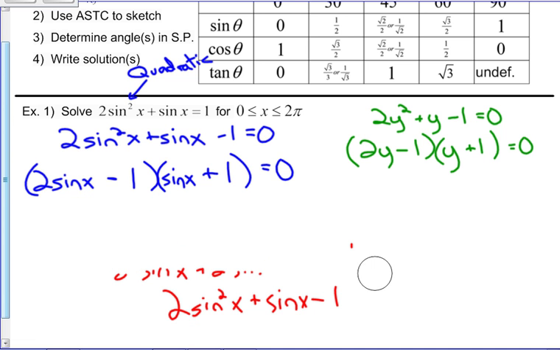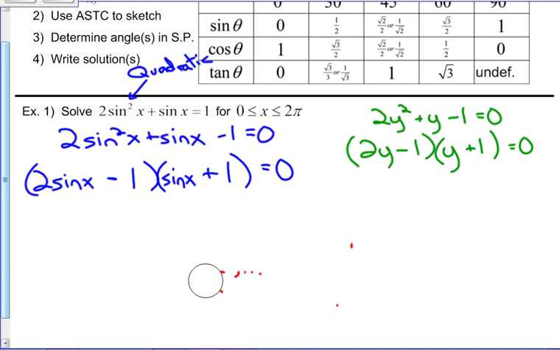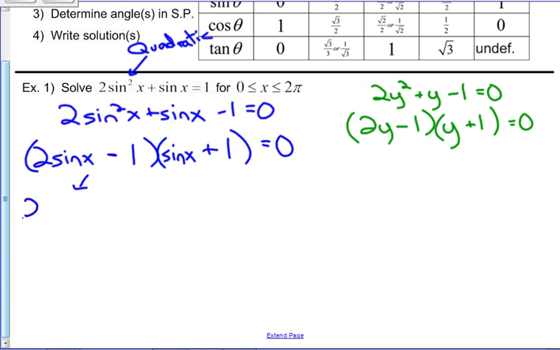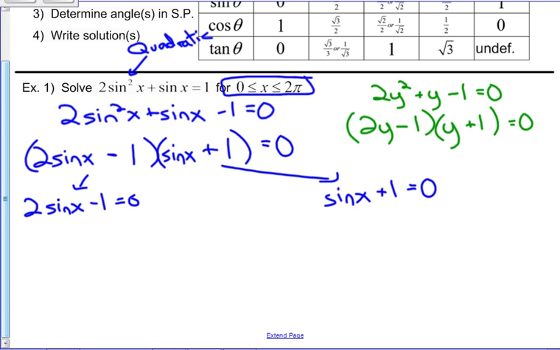Okay, now that we have that, we have two little elementary equations that we can make. The first one is that 2 sine x minus 1 equals 0. The other one is that sine x plus 1 equals 0. And notice here we're only solving for the first revolution. For each of these I'm going to need to rearrange them.